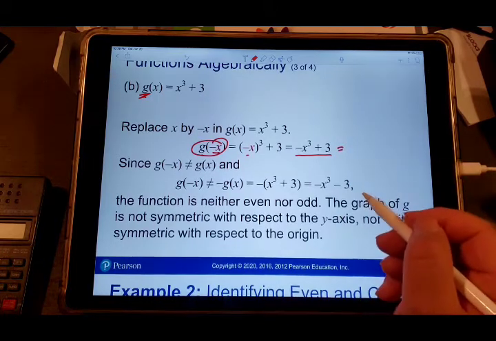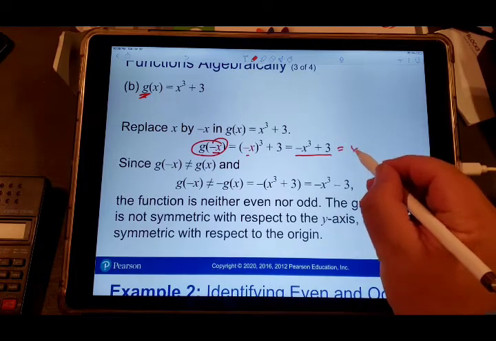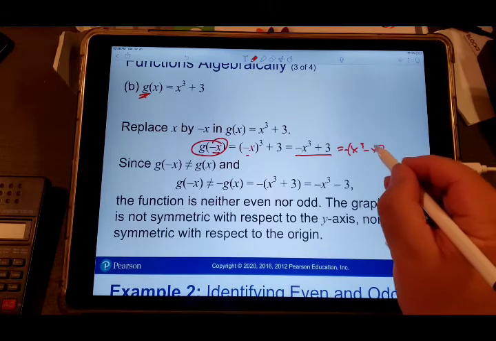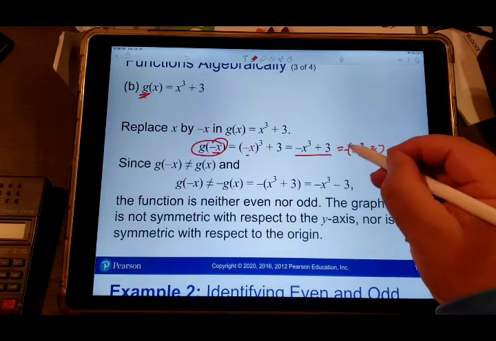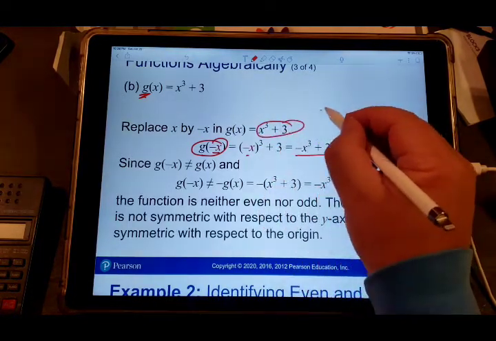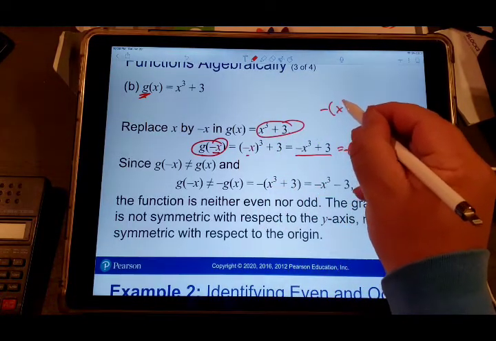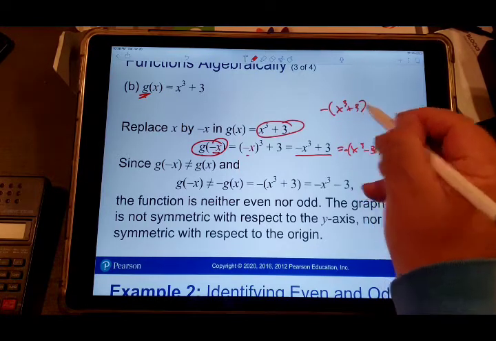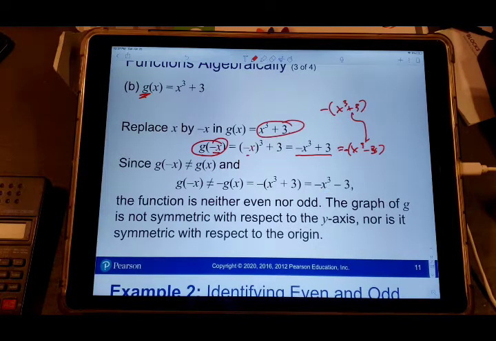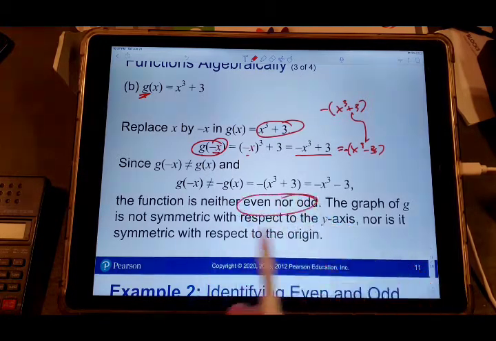I can factor out a minus, which is what we try to do, but notice I don't have minus g of x. I don't have minus parentheses that. Right? The signs are different. So it didn't equal f of x, didn't equal minus f of x. So once again, neither even nor odd.